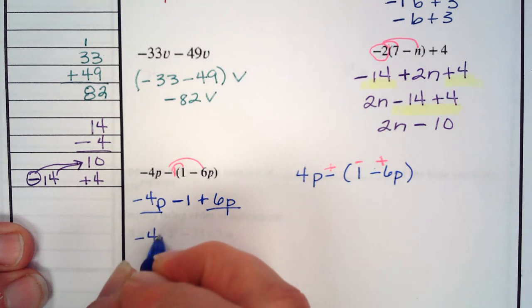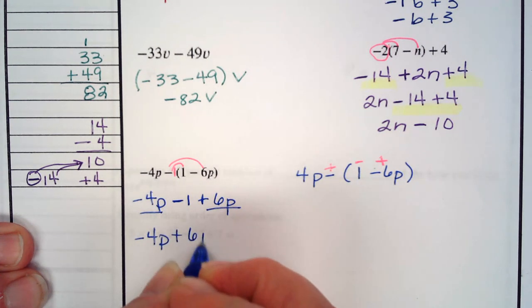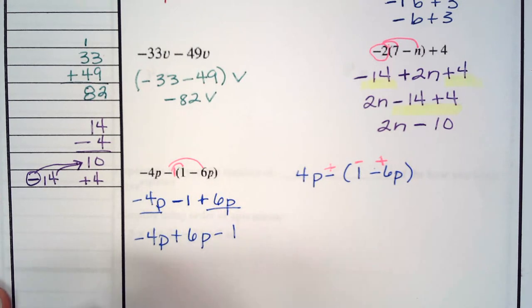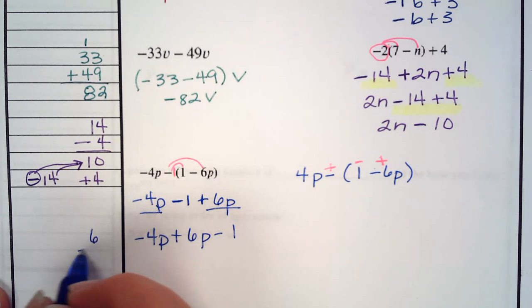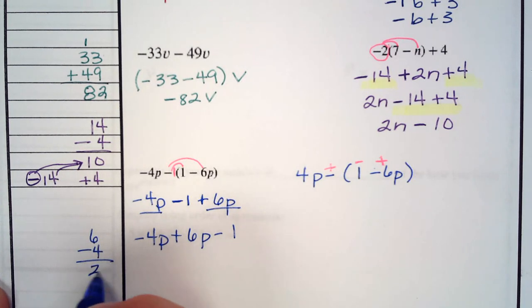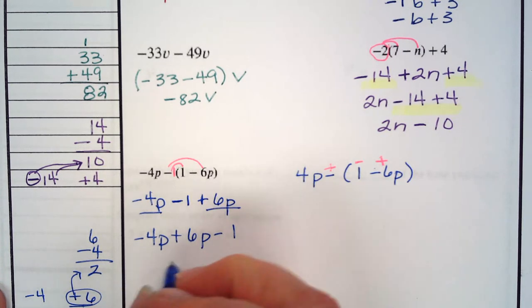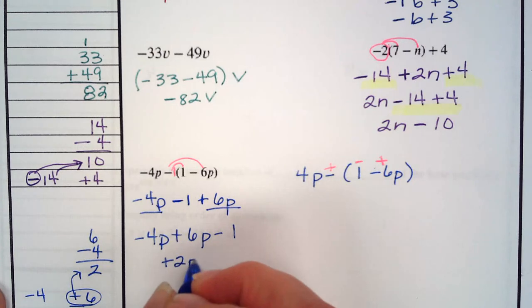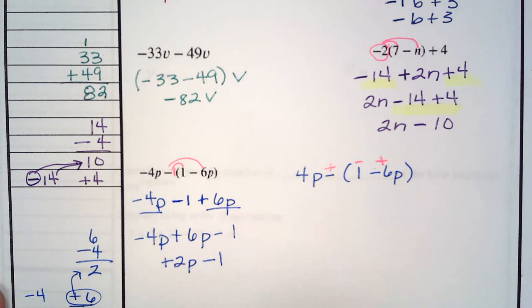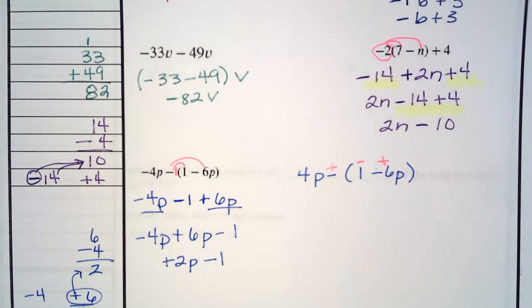Negative 4p plus 6p minus 1. They're opposite signs, so I will subtract. Okay, this is my bigger number, so I know that this will stay as a positive. So this is positive 2p minus 1, and we're done.